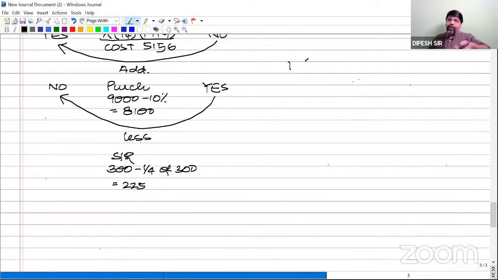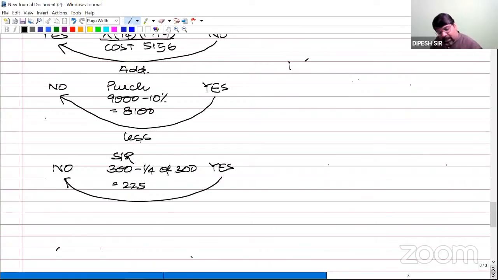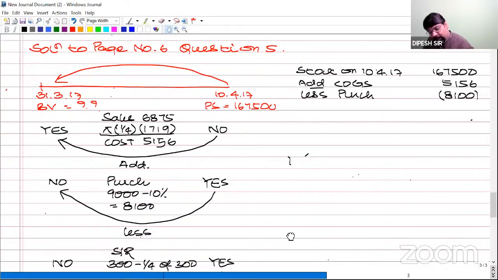If the goods are returned after 31st of March, it was not there with me on 31st of March. It was there with me on 10th of April. Yes to no, less. So over here it will become less cost of sales return. How much? 225.